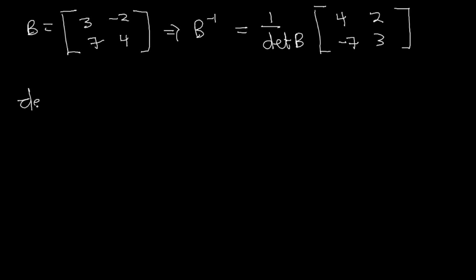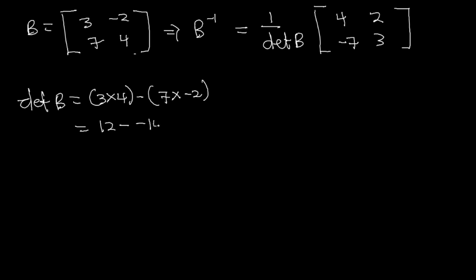Now we need to find the determinant of B. The determinant of B is equal to the product of the leading diagonal minus the product of the following diagonal. So we have 3 multiplied by 4, minus the following diagonal, which is 7 multiplied by -2. This gives 12 minus 7 multiplied by -2, which is -14.